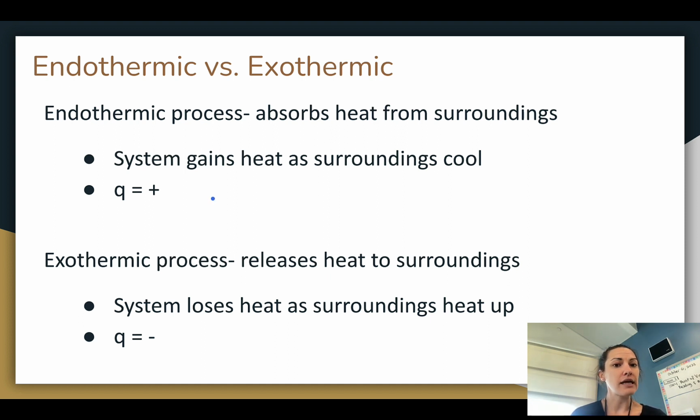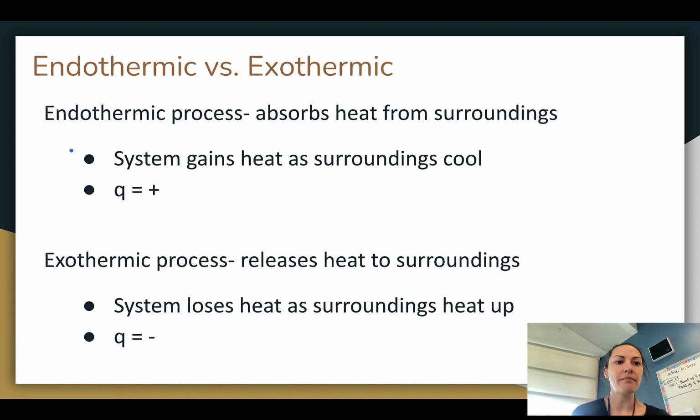So the system is going to gain heat as the surroundings cool. We're going to have a positive Q value for that. For an exothermic process, it's going to release heat to the surroundings. So the system is losing heat and the surroundings are heating up. And so we're going to assign a negative sign for our Q value.